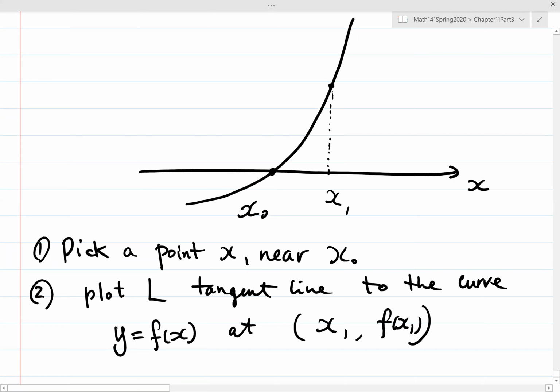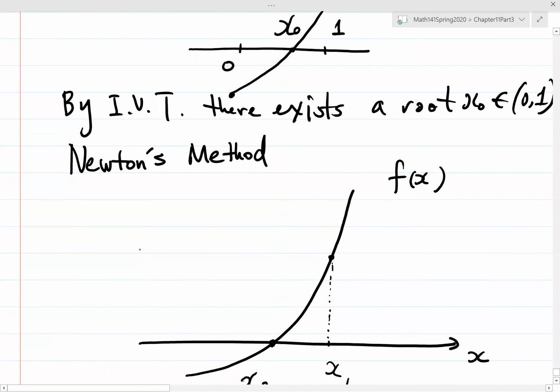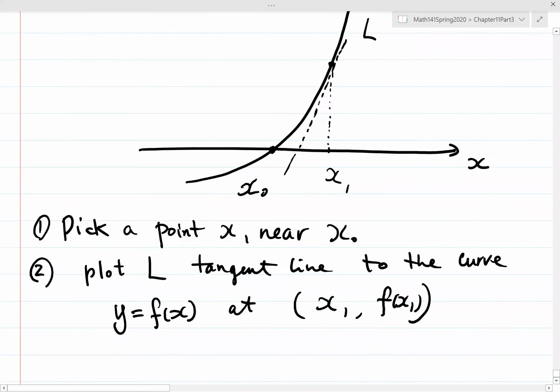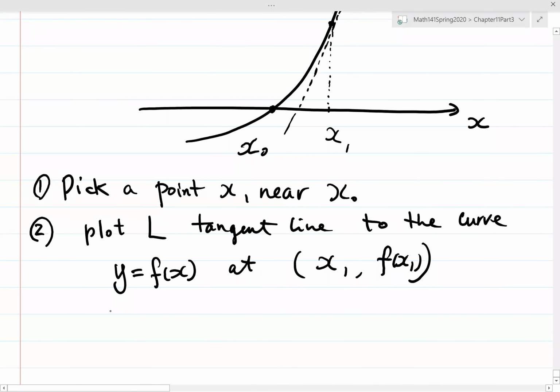Then you see if we plot the curve and plot the tangent line, this is the tangent line L. Now take the intersection of L with the x-axis.